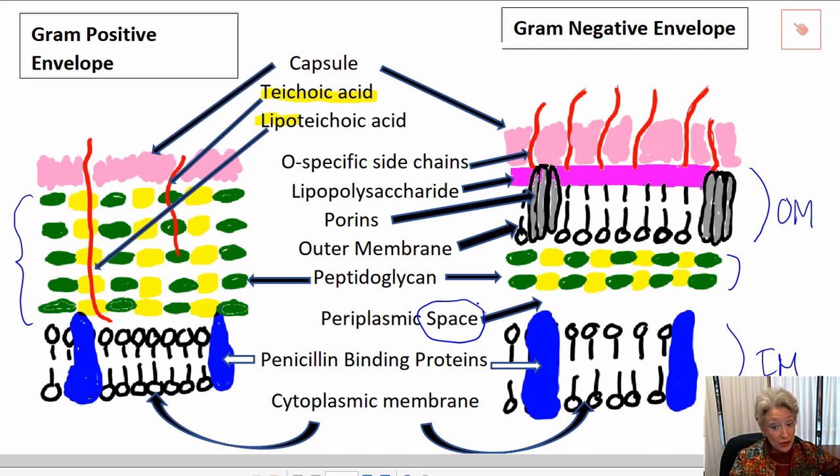And that simply, as the name implies, is a space through which things will diffuse, either when they're coming into the cell, as might be a drug that we're using for therapy, or when they're diffusing out of the cell.